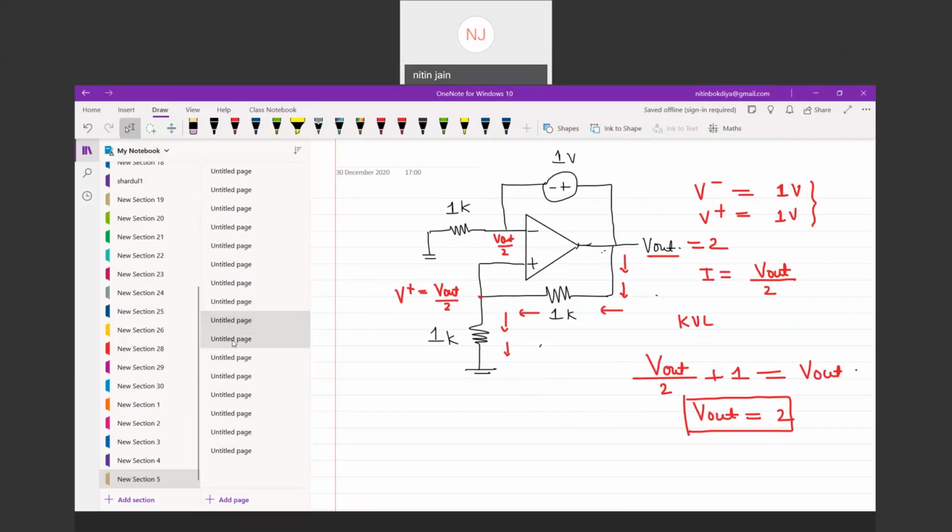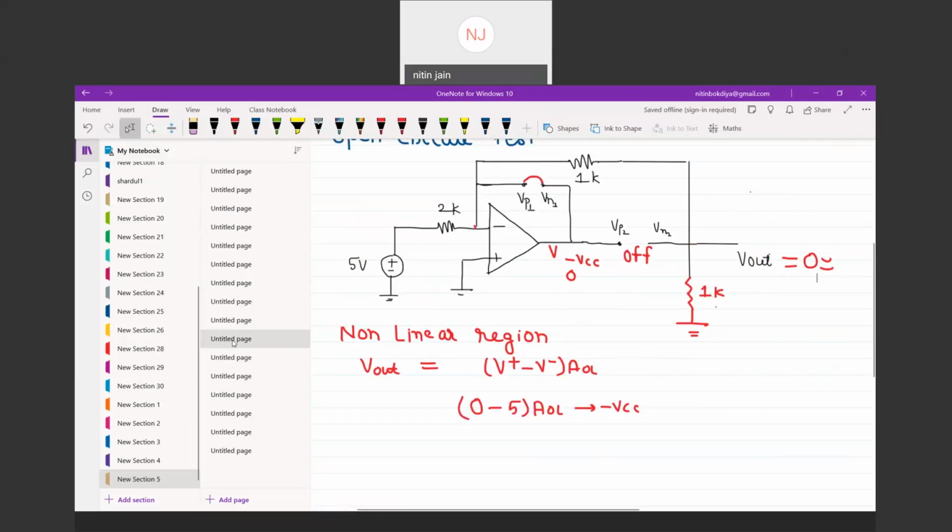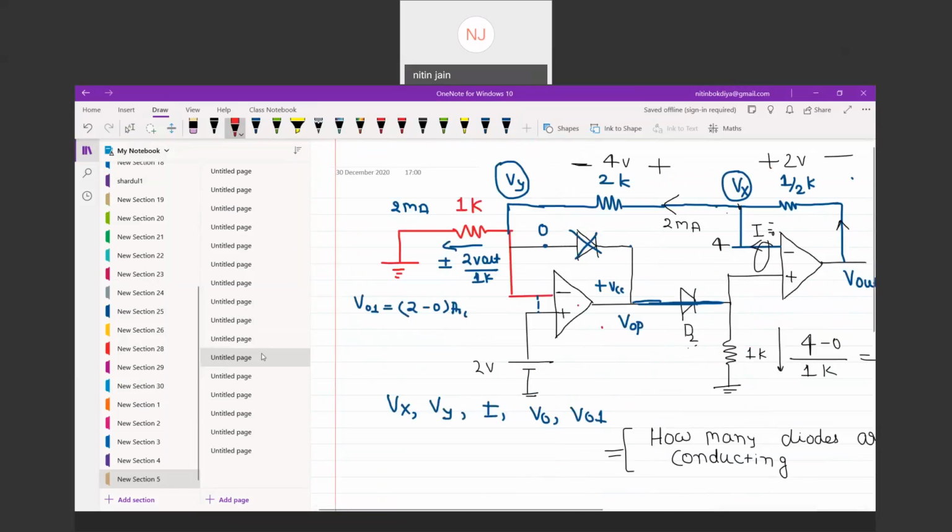Next is a problem on op-amp and diode, one of the very important classes of circuit, in which op-amp and diode work as a rectifier, a good but expensive rectifier. Then we had a circuit with two diodes and two op-amps. So this is our discussion for the practice session.